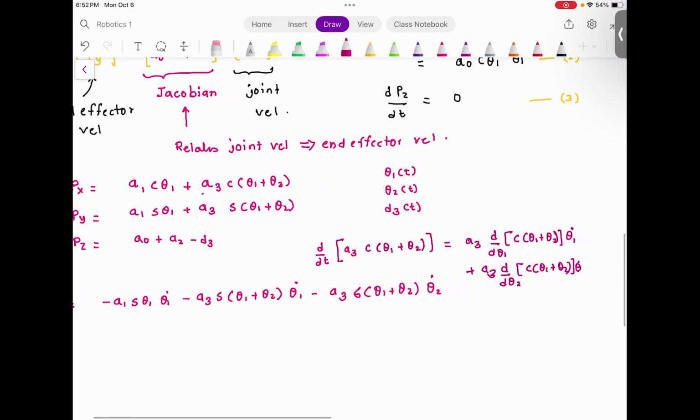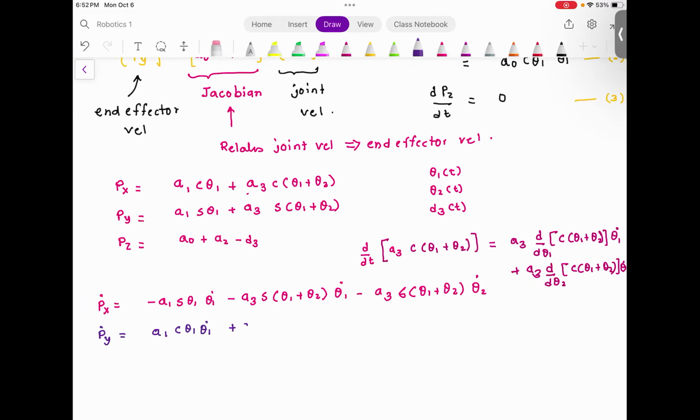Next, Py dot, same jugglery: A1 cosine theta 1 theta 1 dot plus A3 cosine of theta 1 plus theta 2 theta 1 dot plus A3 cosine of theta 1 plus theta 2 theta 2 dot.